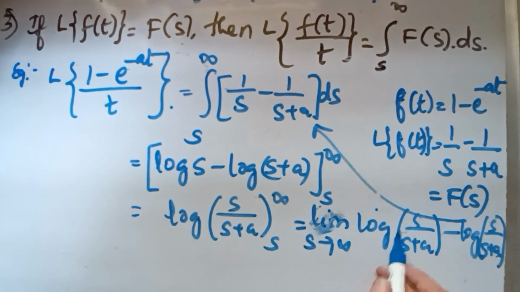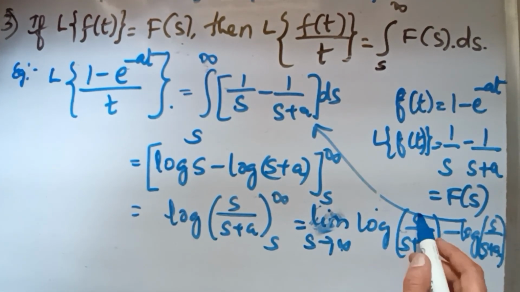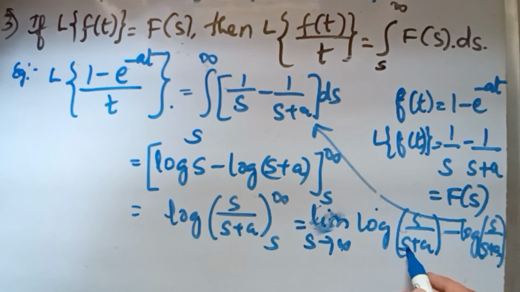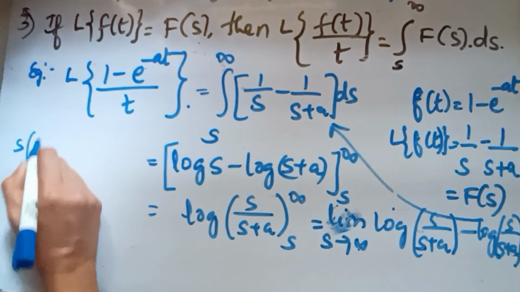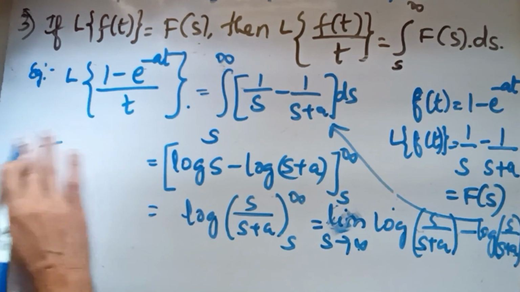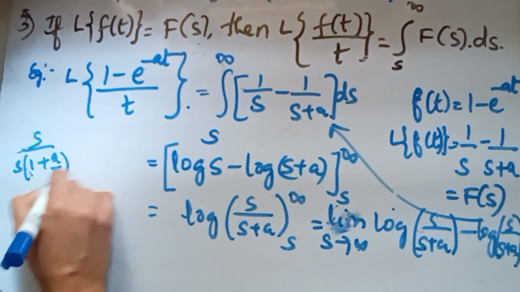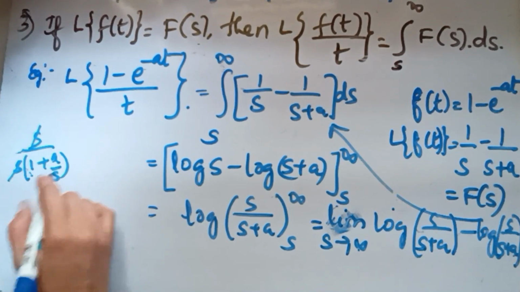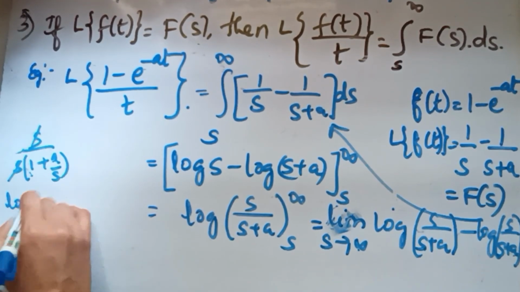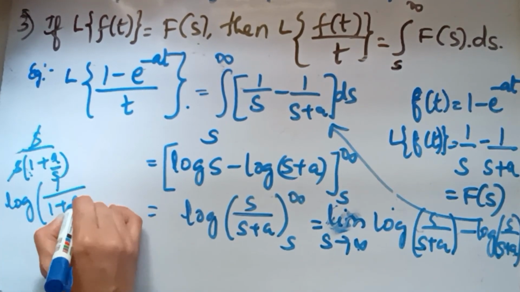How to simplify this now? Limit s tends to infinity. If we directly apply it, we get log of infinity by infinity, an indeterminate form. So what you should do is take s common, 1 by s common in the denominator: 1 plus a by s. So this s cancels. You will get log of 1 by (1 plus a by s).